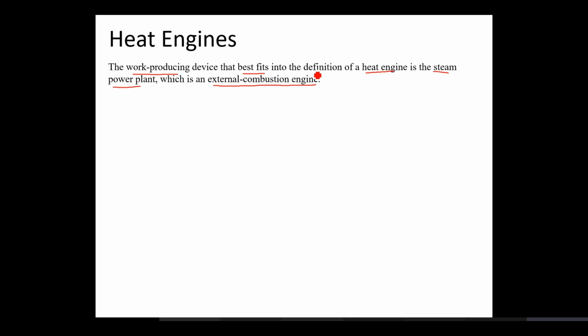Now, IC engines or gasoline engines, automotive engines, are internal combustion engines. That means the combustion is taking place within the chamber, or within the piston cylinder assembly. However, steam power plants are external combustion engines. That means combustion or heat generation is taking place outside the system. I'll show you how.